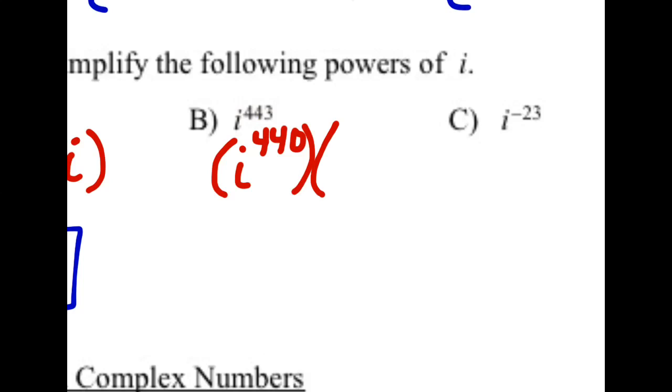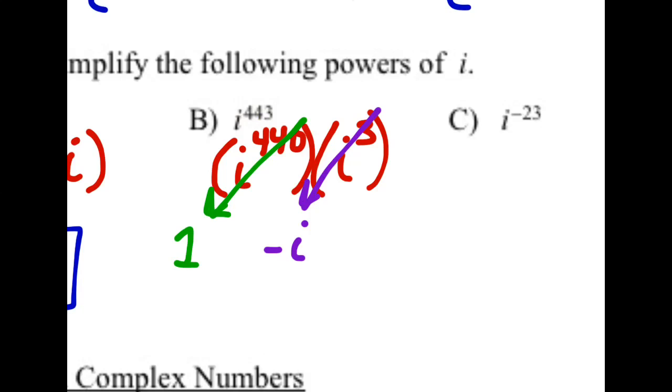And so I'm going to use i raised to the 440 times i raised to the 3rd, and so I know that this will simplify to 1 multiplied by i cubed, which is the same thing as negative i. And so 1 times negative i is just negative i.